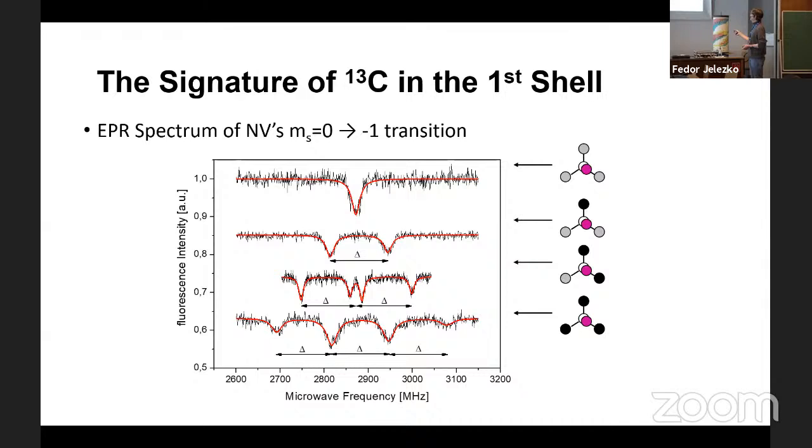If you have 2 nuclear spins of this type, you split again, 3 nuclear spins again, and now you can tune your microwave fields to particular transitions or drive them with radio frequency to drive nuclear spins, and that allows you arbitrary operations in this register. So you have here 1, 2, and 3 qubits register in a very localized manner. This is the first shell, very close to NV center located nuclear spins.